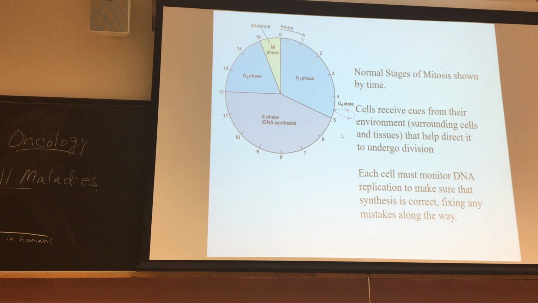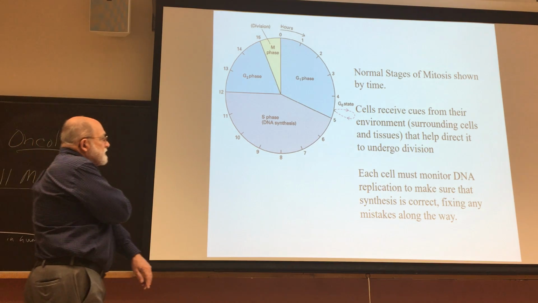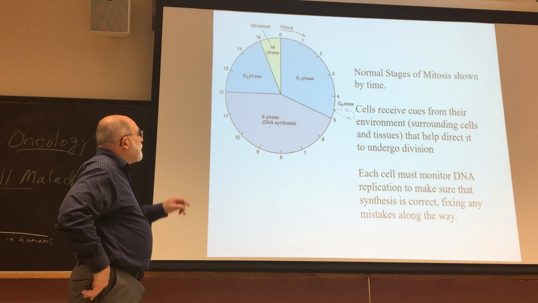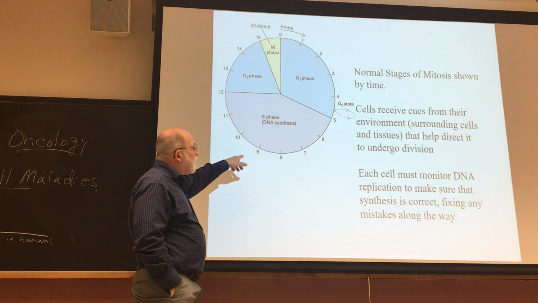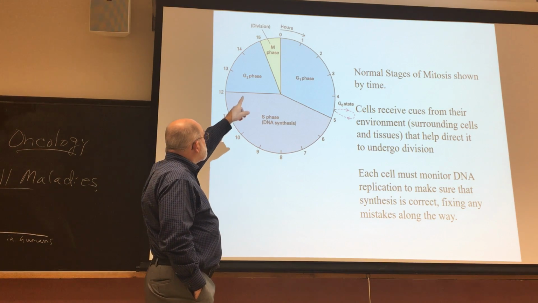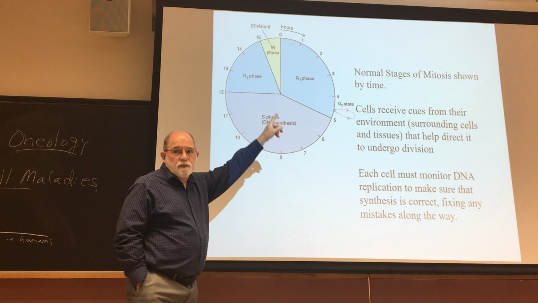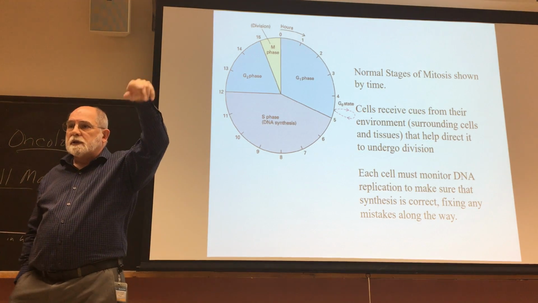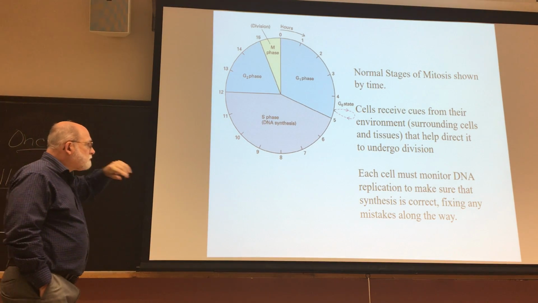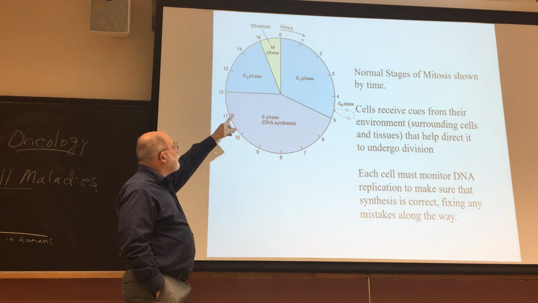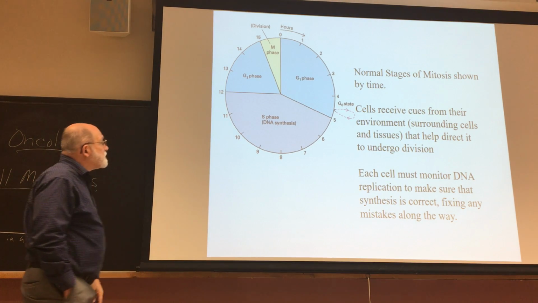Okay, and this is just another picture showing you what the relative length of some of these phases are. This would be in a mammalian cell, and it's about 16 hours for cells growing optimally in culture. And you can see the various timings of various stages.